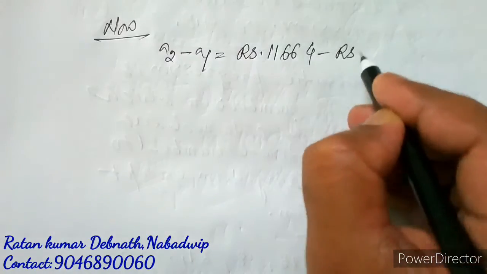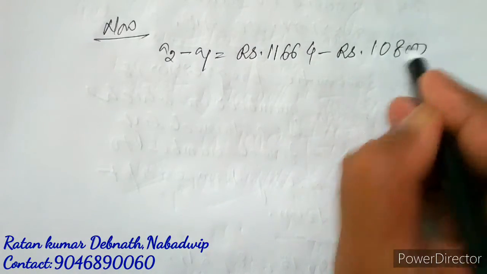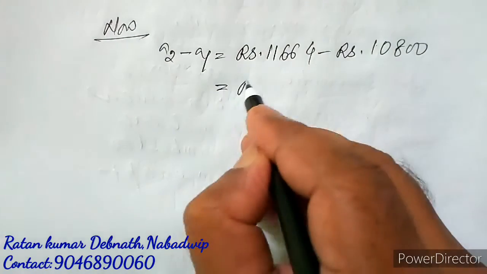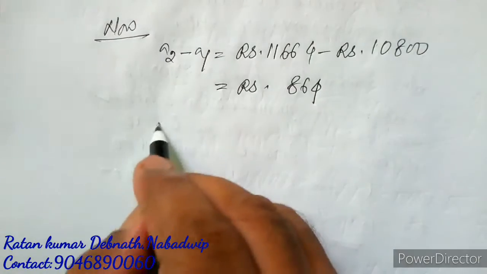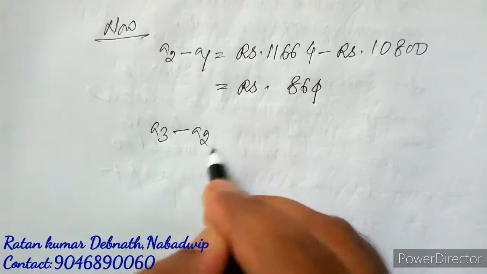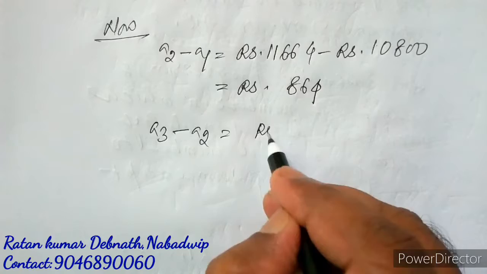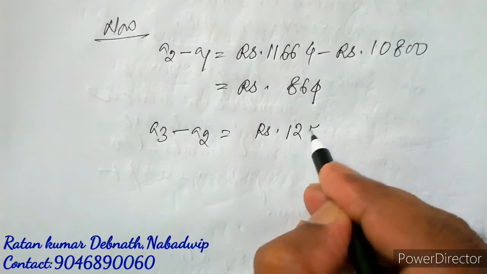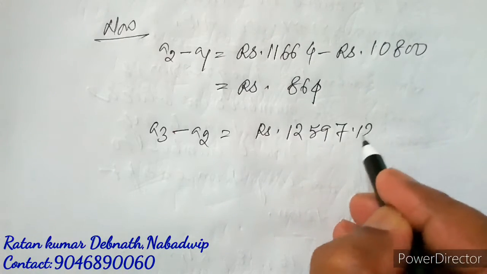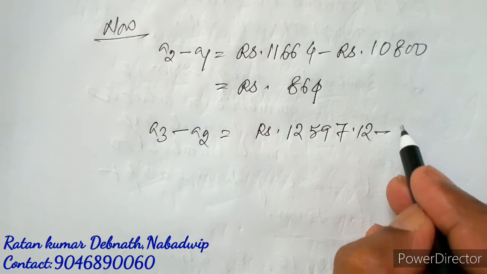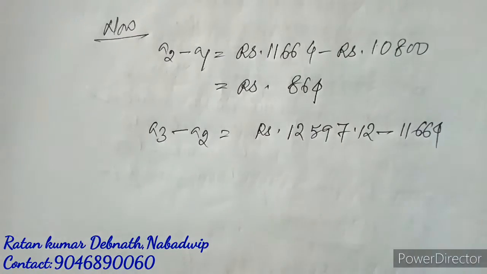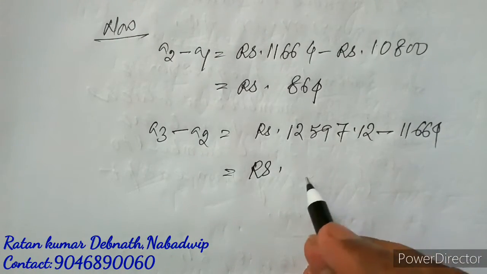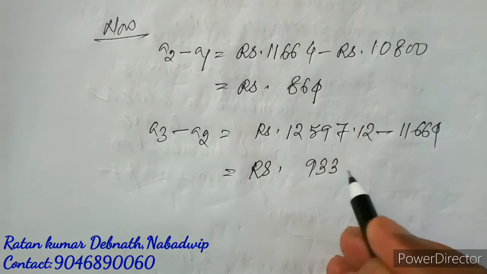Now A2 minus A1 equal to rupees 11664 minus rupees 10800 results in 864. A3 minus A2 equal to rupees 12597.12 minus 11664 results in 933.12.